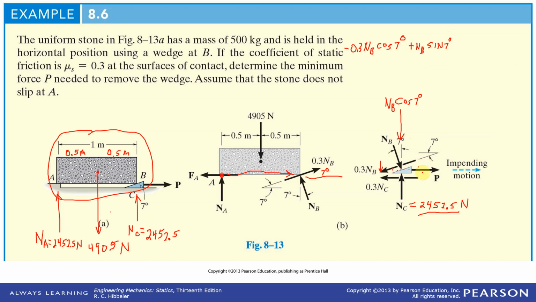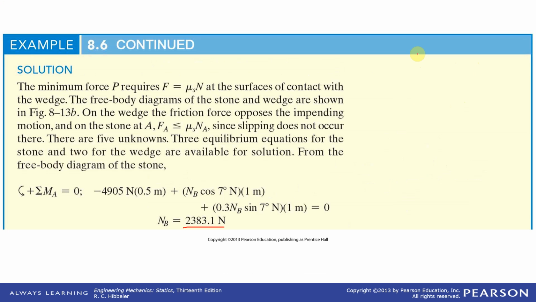And then we're going to have a P. And those are the only three components in this direction. From which, now that we know NB, 2383.1 I believe it is, we can calculate P.